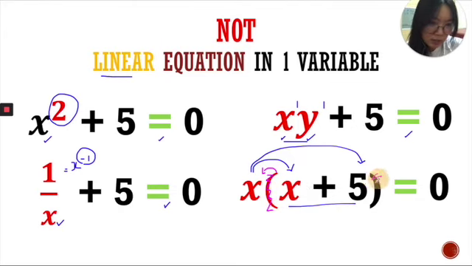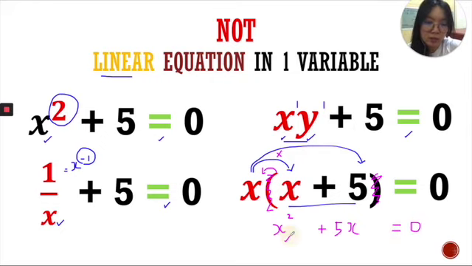There is an alphabet here. So I have to times in. So x times x, I'll have x squared. Plus I'll put down x times 5, I'll have 5x equals 0. With this, then you can check: variable, yes, x, one type, and equation, yes, equal sign, but the power here is 2, and the power here is 1.